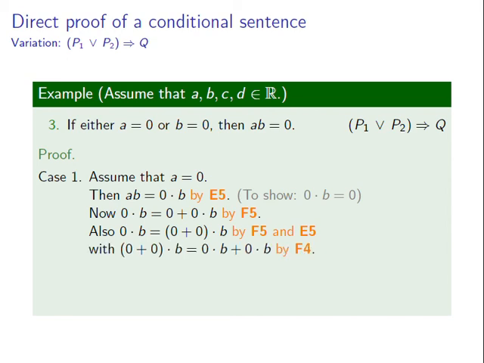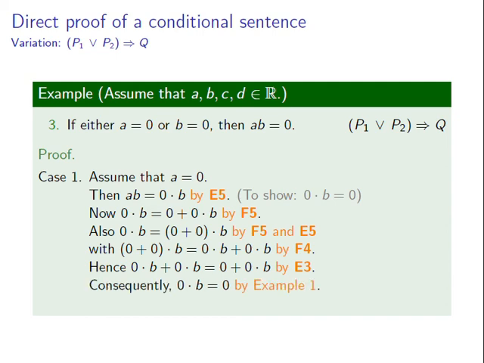By the distributive property of multiplication over addition, 0 plus 0 times B is equal to 0 times B plus 0 times B. Hence, by the transitive property of equality applied twice, 0 times B plus 0 times B equals 0 plus 0 times B. By the cancellation law for addition, which is example 1, we get 0 times B equals 0.